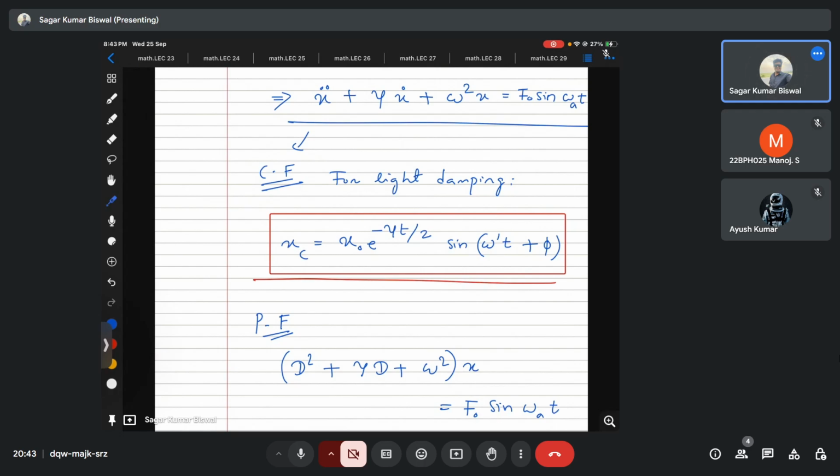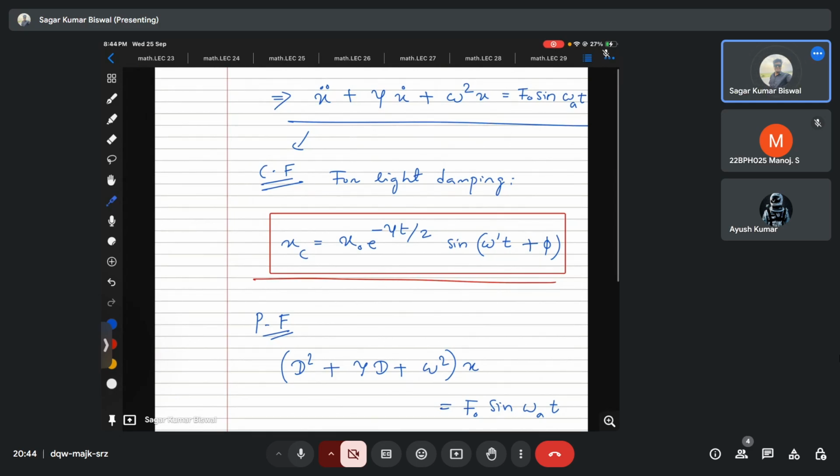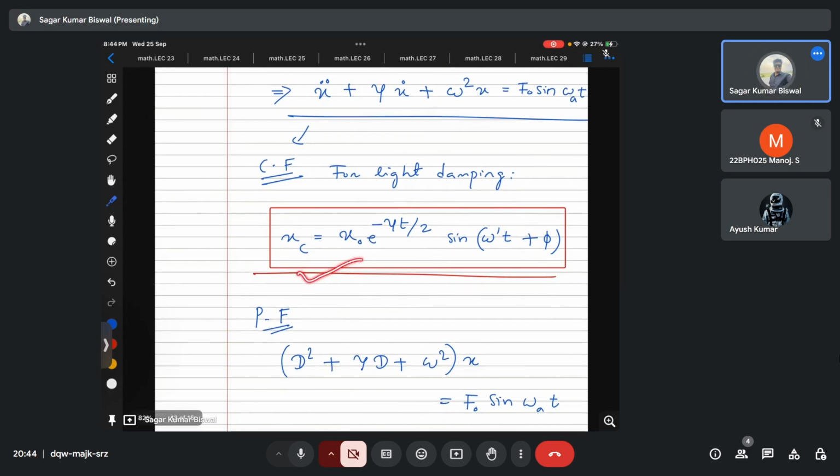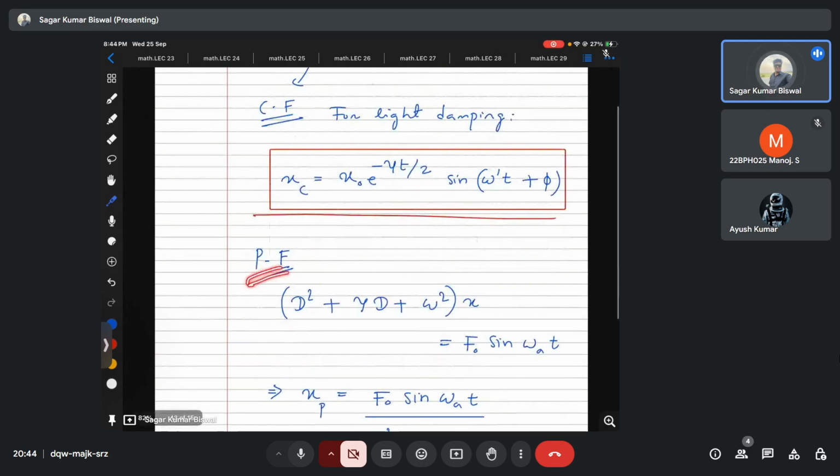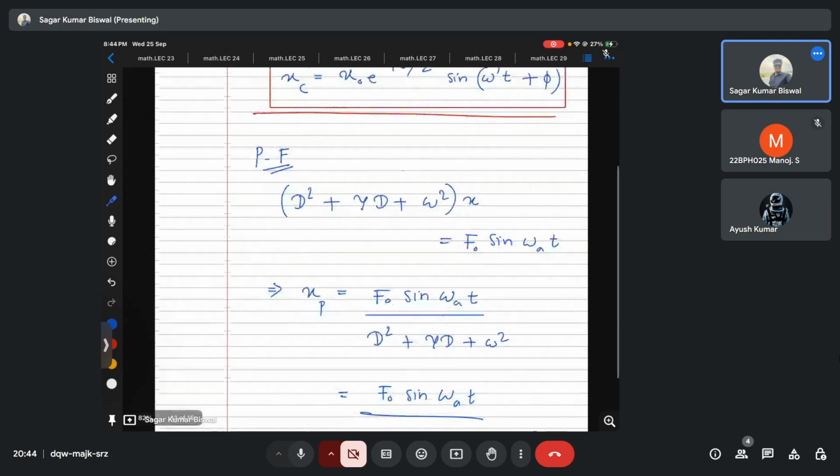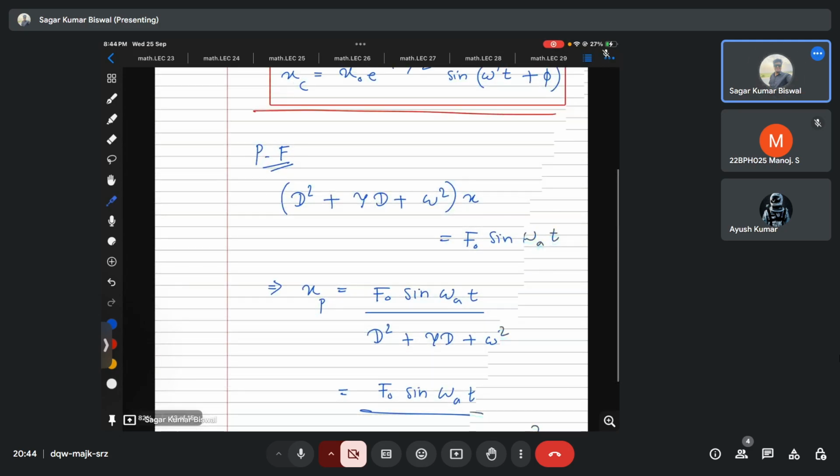To solve the complementary function, you just take the homogeneous part and solve it. For light damping, so consider the damping is very low, this will be the solution. This is known as the complementary function, and this is the particular function you also have to find.